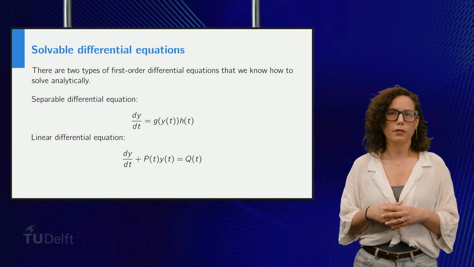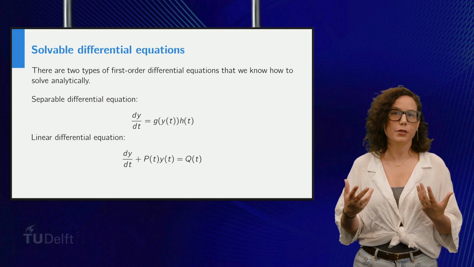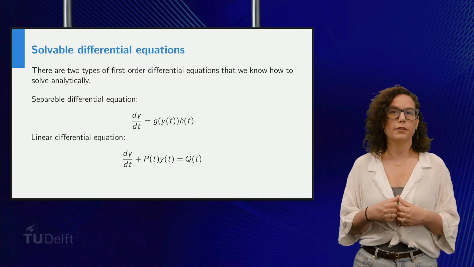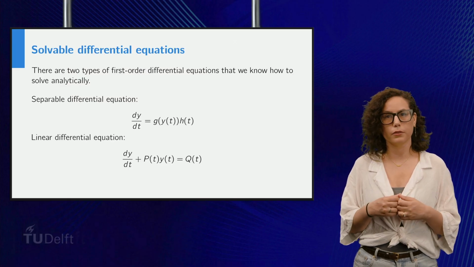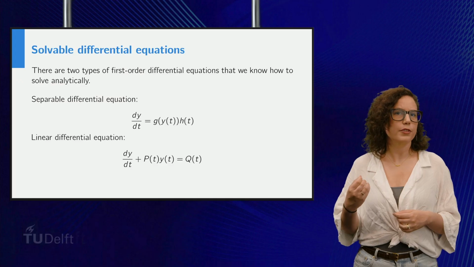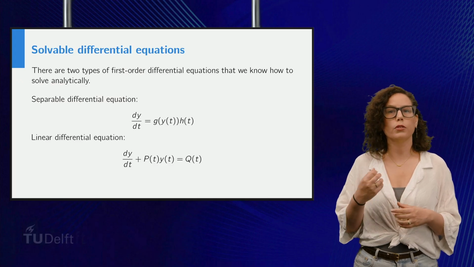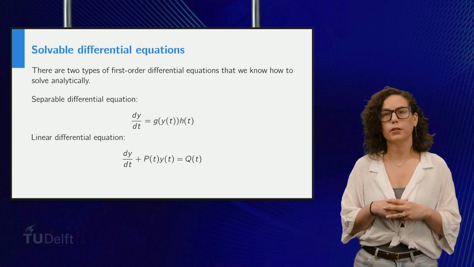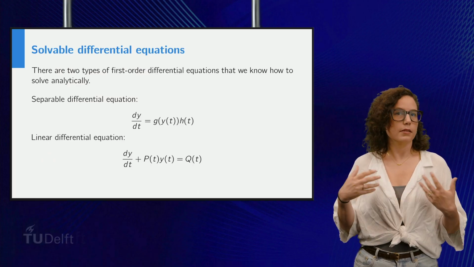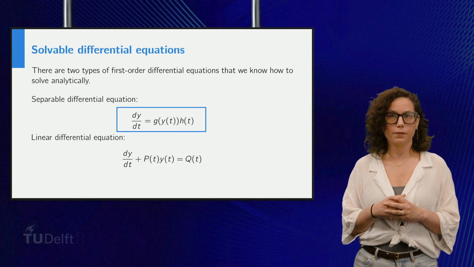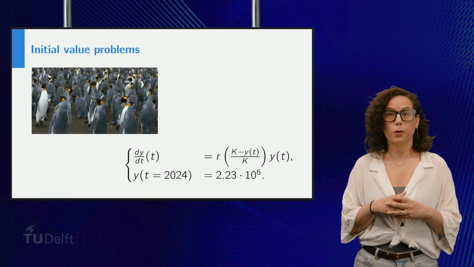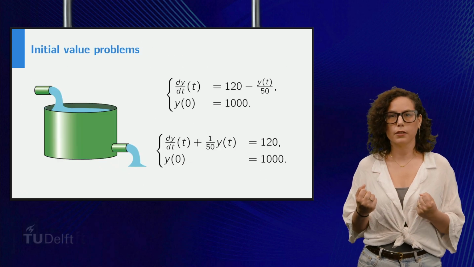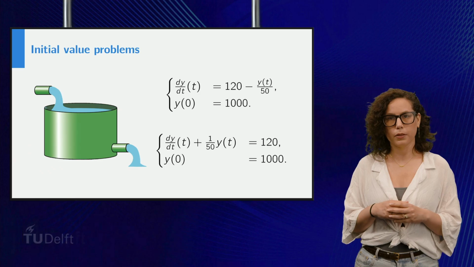You have seen in your calculus course that if a differential equation is solvable, then the initial value problem containing this differential equation is also solvable. The first-order differential equations that you have learned to solve analytically fall in one or both of the following types: separable differential equations, like the penguin population model, and linear differential equations, like the mixing problem.